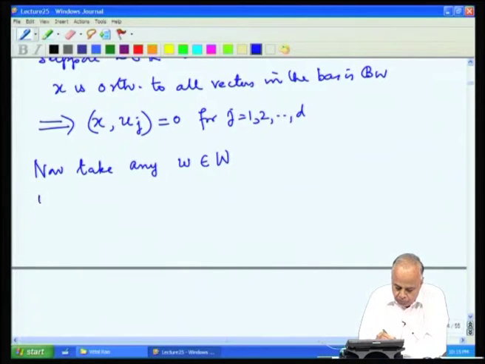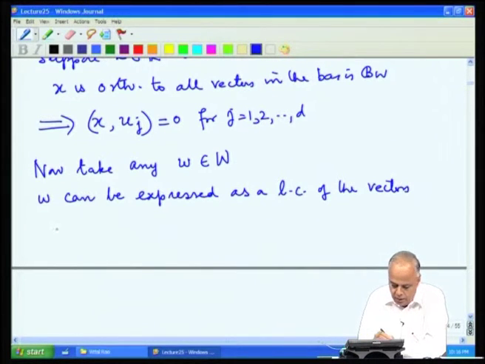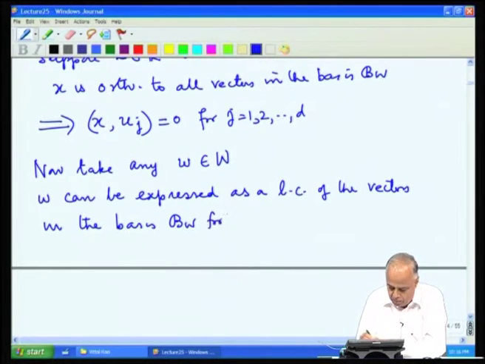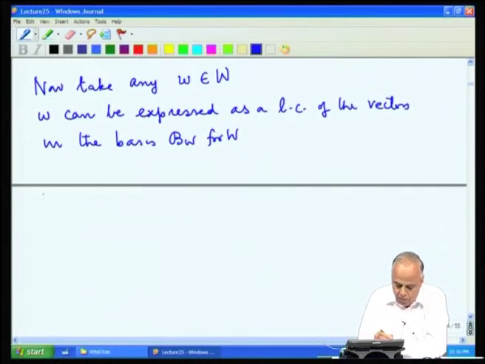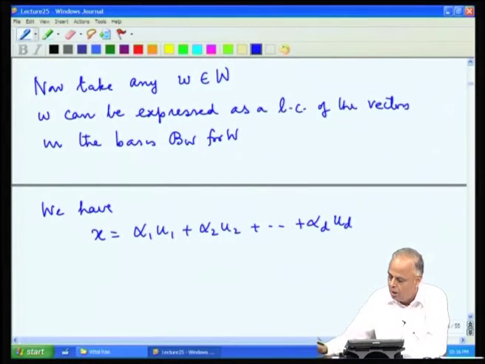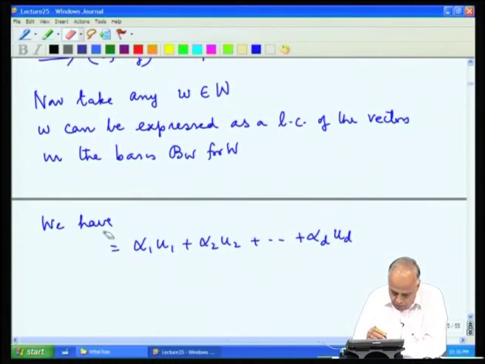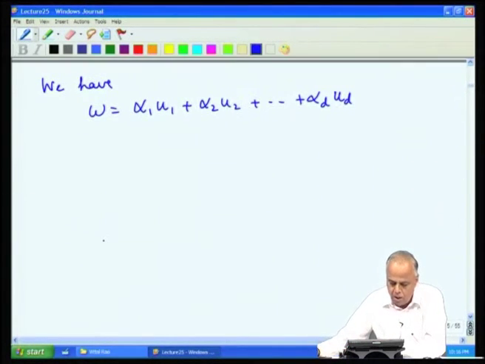So, w can be expressed as a linear combination of the vectors in the basis B_W for W, and therefore, we have w equal to alpha 1 u 1 plus alpha 2 u 2 plus alpha d u d.